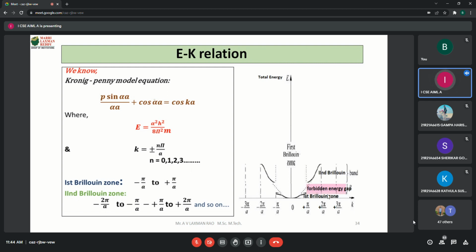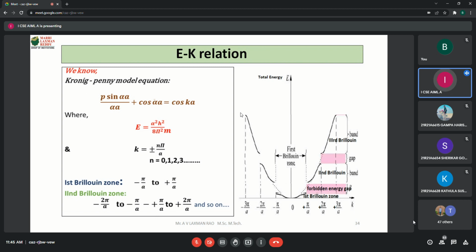That region is the allowed energy band region, and there should be discontinuities between one parabola shape and another. This is a continuous curve, this is another continuous curve, and between them there is some gap. This gap is the forbidden energy gap. So you need to draw this diagram like this instead of drawing it continuously.